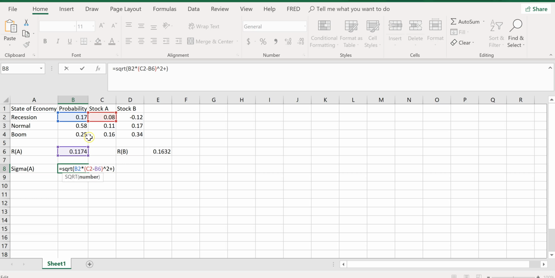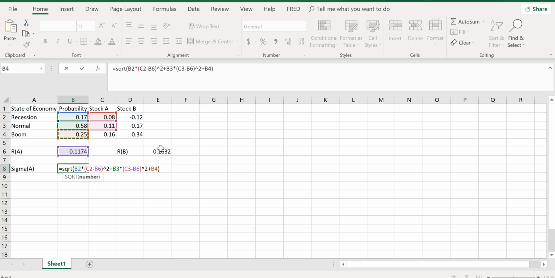Then under the normal state, this happens with the 58% chance, and then times the squared deviation. So we take the deviation first, the return under normal state minus the expected rate of return for stock A, and then take the square of that, and then plus go on under the booming state.